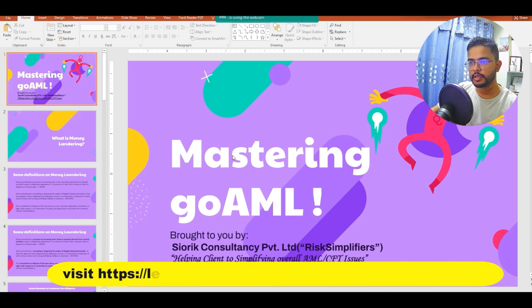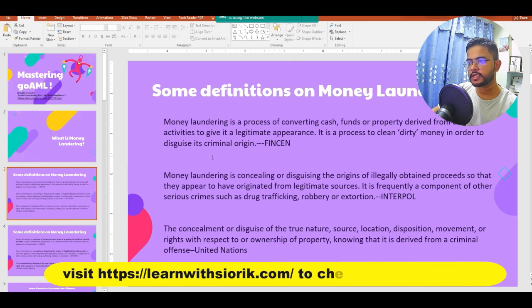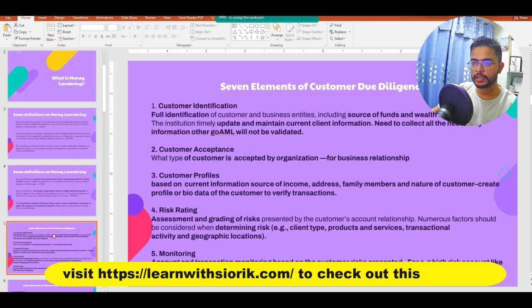So in this course, we'll discuss various theoretical and practical aspects of goAML. First we'll start with building the foundation of goAML by discussing some theoretical concepts, like what is money laundering and some definitions of money laundering. We'll not cover the whole topic of money laundering or terrorism financing.